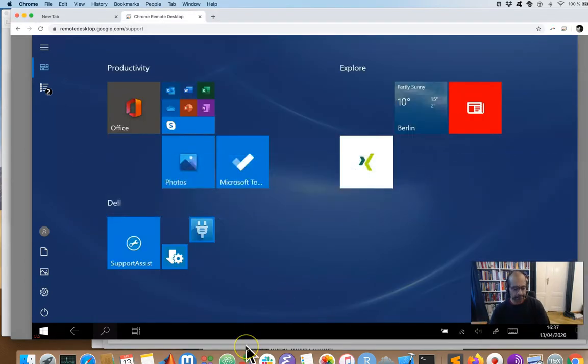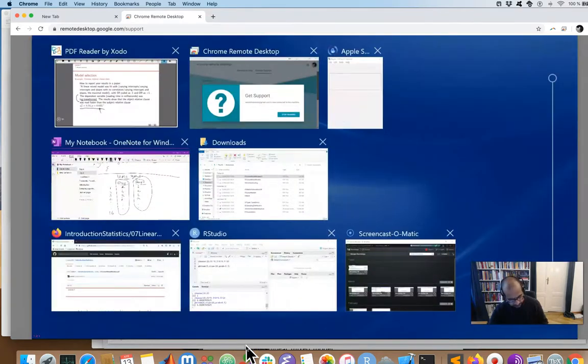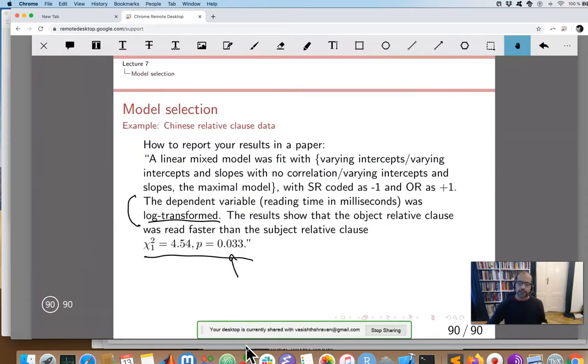The reason is that the t-test in the linear mixed model is only valid if you have no missing data at all in your data set. If you have some missing data, then that t-test is not going to be the correct way to do the model comparison. The more general way to do model comparison and to extract p-values from a linear mixed model is to use this likelihood ratio test. This should be your standard methodology for doing hypothesis testing with linear mixed models.